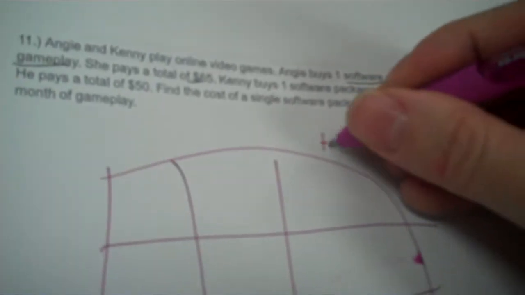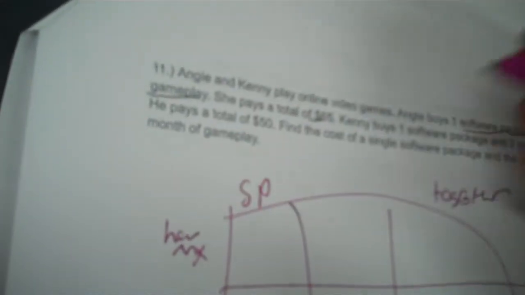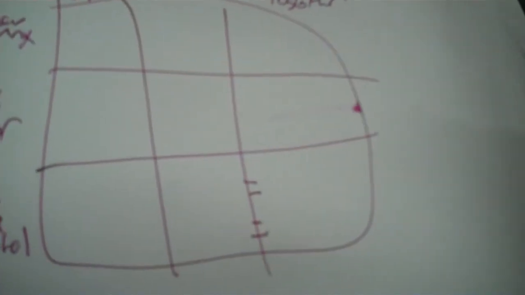3 units. Together. How many per total? So software packages and gameplay. And then you're paying money. Now you got 2 different people here, so there's 2 totals, okay?